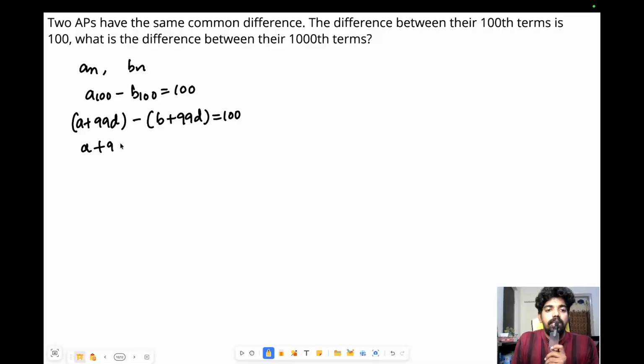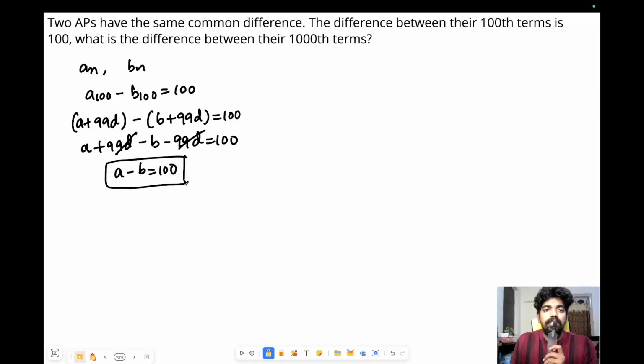A plus 99d minus b minus 99d is equal to 100. Plus 99 minus 99 will get cancelled. A minus b is equal to 100. Okay, from the first statement.